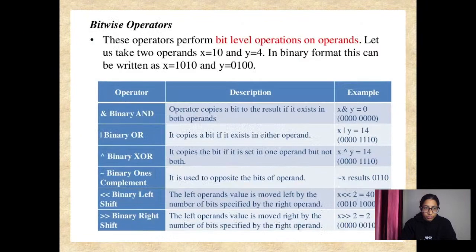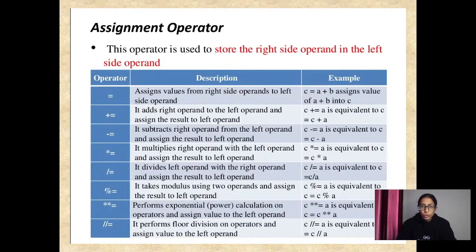Of the operator, that is bitwise operator. So a bitwise operator acts on operands as if they are a string of binary digits. They operate bit by bit, hence the name bitwise, bit to bit.